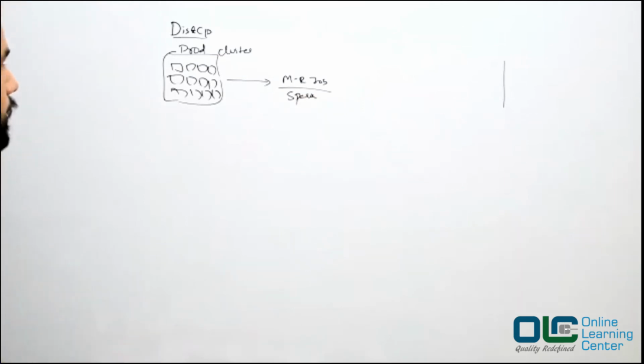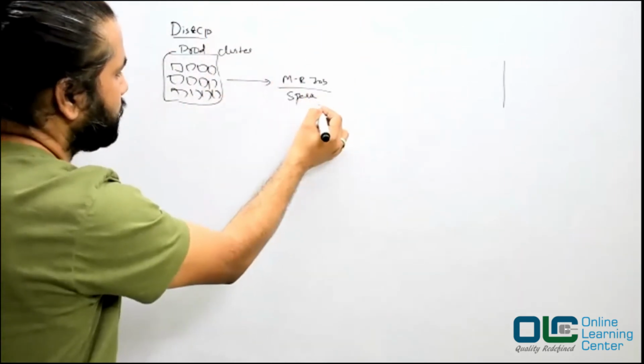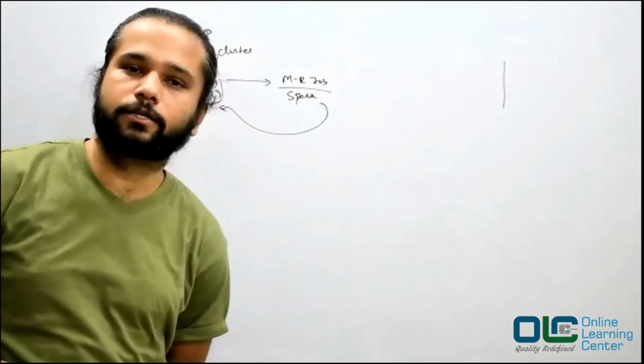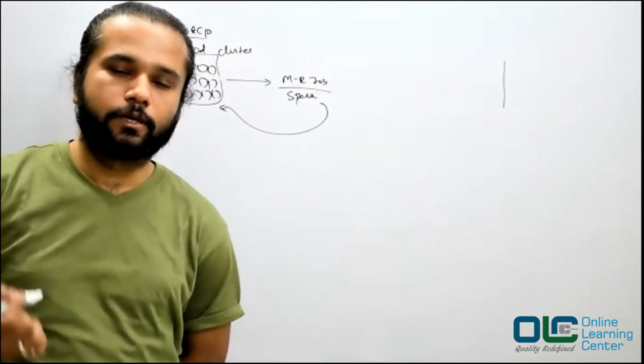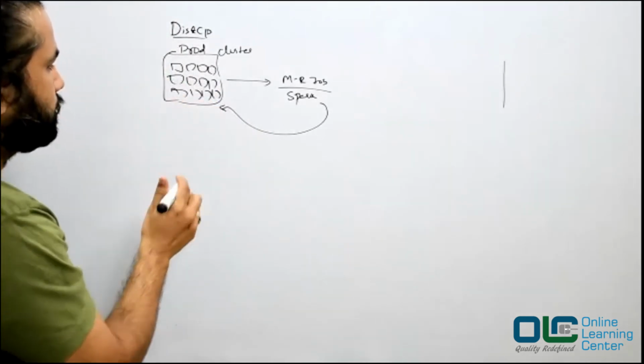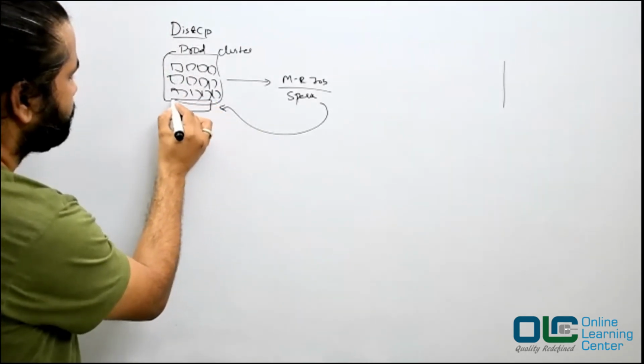It usually writes the data back to your production cluster itself. The input is the production file system and the output is the production file system, HDFS. Now once that is done, you have got some output here.